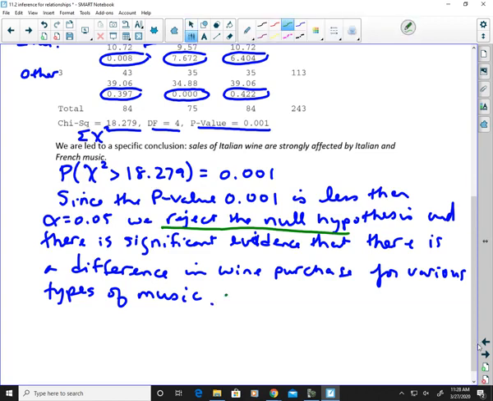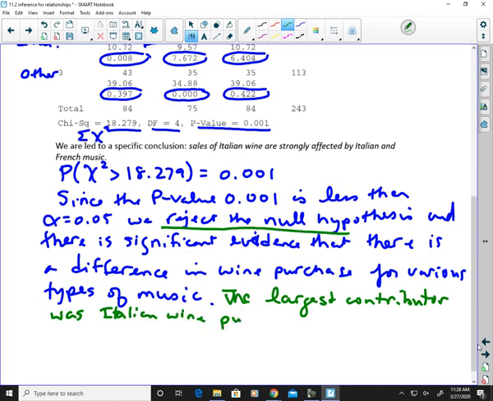So the largest contributor was Italian wine purchases when French music was being played, and I'm going to put the number because that's important.